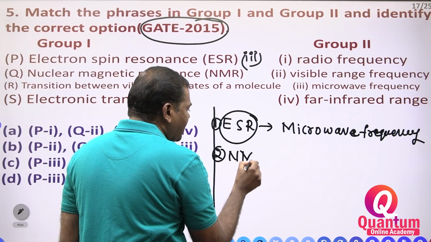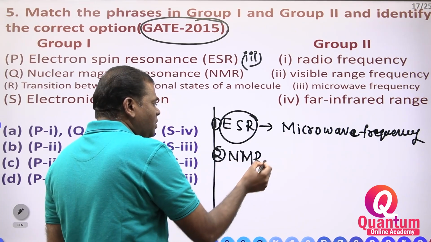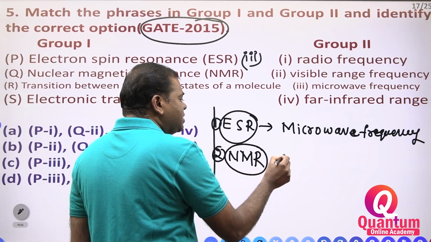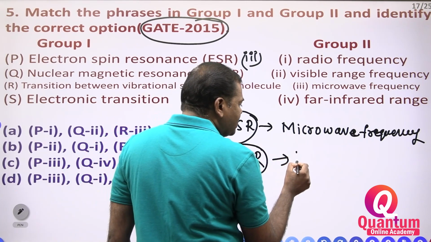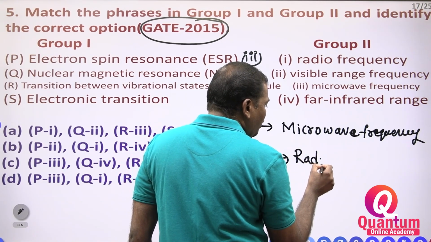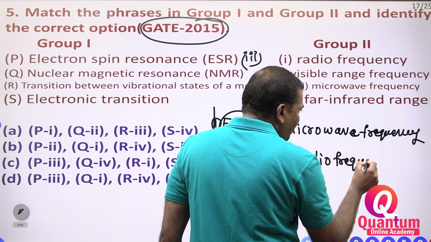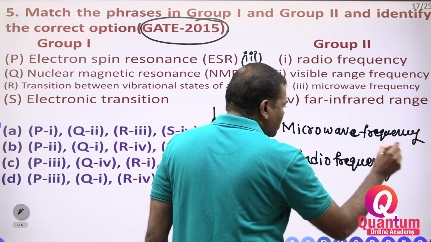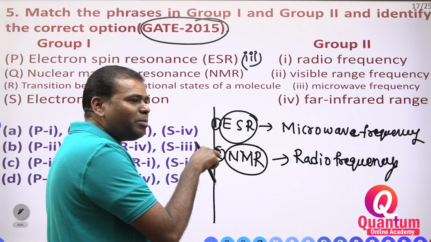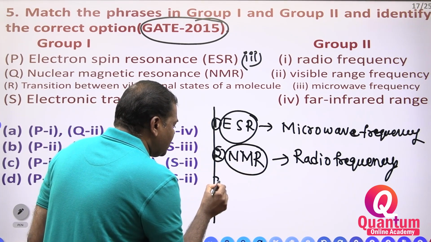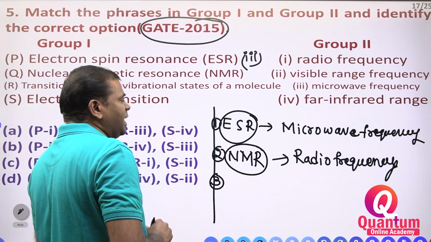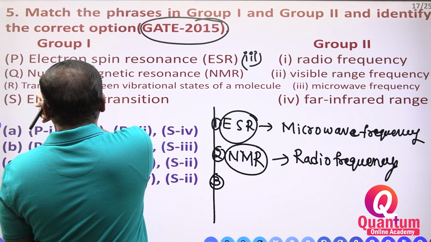Now the second one you have to take: nuclear magnetic resonance, that is NMR. NMR is achieved in the radio frequency range. Now you have to see the third one. What is the third one?